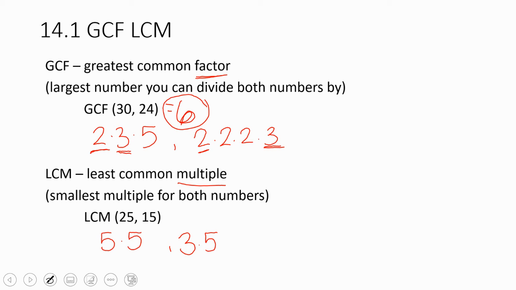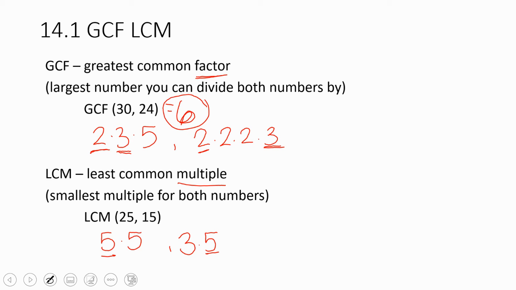Now, I'm not going to expect you all of a sudden to do prime factorization. I'm just using this to show you so that it makes sense when we do the variables. So if we were doing the least common multiple, that means they have to have the same multiples. They both have a 5 in common.